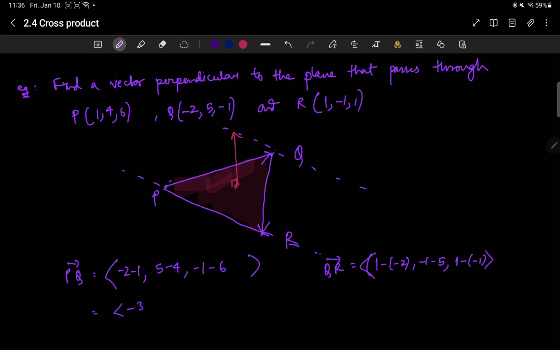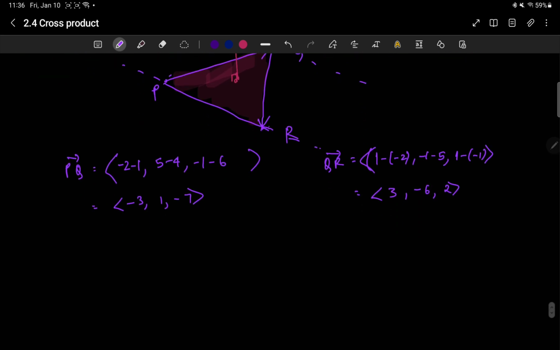So this is negative 3, 1, negative 7, and this is 3, negative 6, and 2. And then I can cross these vectors to get the perpendicular vector. So I have I, J, K, negative 3, 1, negative 7, 3, negative 6, 2.